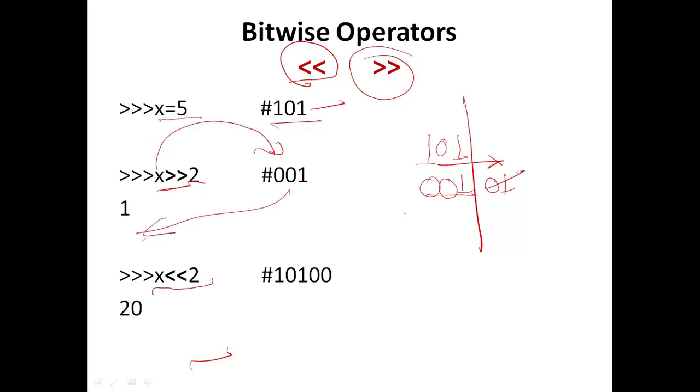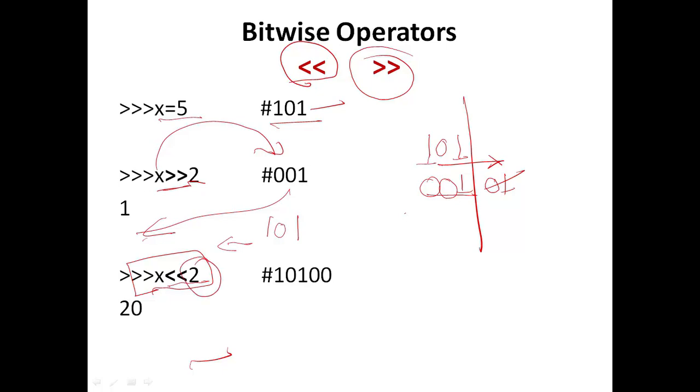Similarly, for the second example, we want to shift the value of x, which is again 5. In binary it is 101, and we want to shift it to the left-hand side by 2 bits.